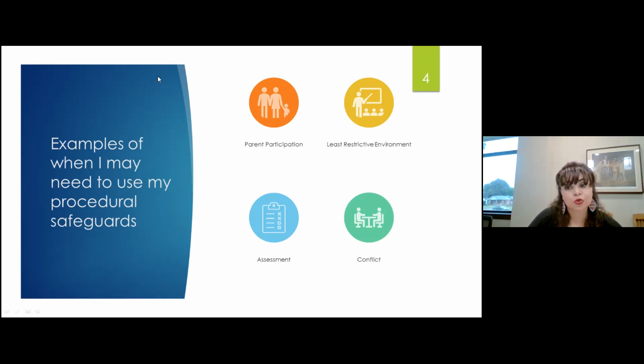So again, if the school is not wanting to work with you and have that decision as a team decision versus just their decision, this is where you would have the right to use your procedural safeguards.